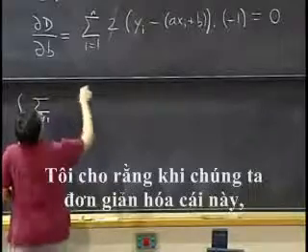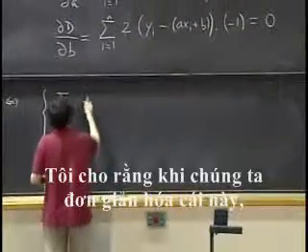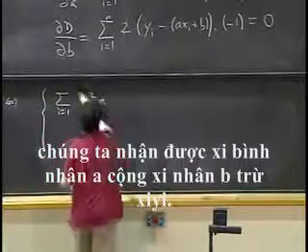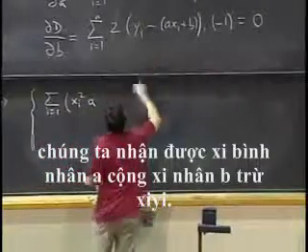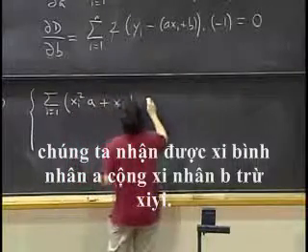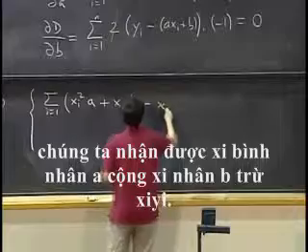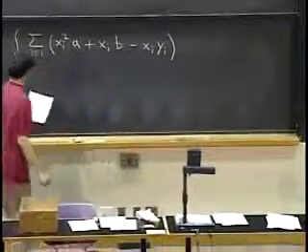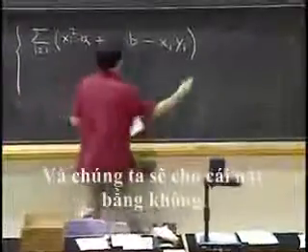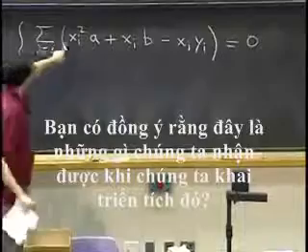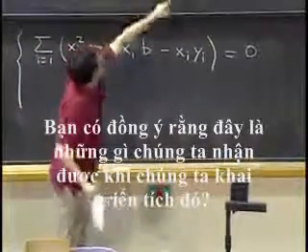So I claim when we simplify this, we get xi squared times A plus xi times B minus xiyi. And we set this equal to 0. Okay, do you agree that this is what we get when we expand that product?